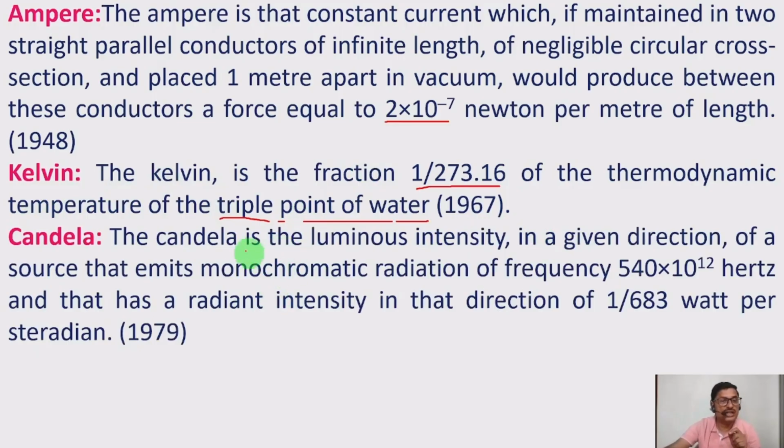Candela, we already know, is the unit for luminous intensity or light intensity. The candela is the luminous intensity in a given direction of a source that emits monochromatic, single frequency radiation of frequency 540 into 10 raised to 12 hertz, hertz being the unit of frequency, and that has a radiant intensity in that direction of 1 by 683 watt per steradian.